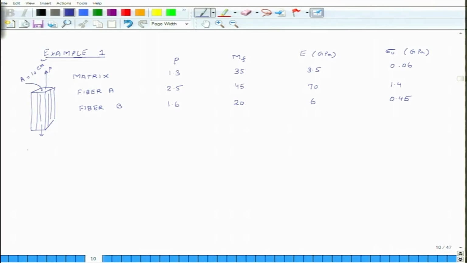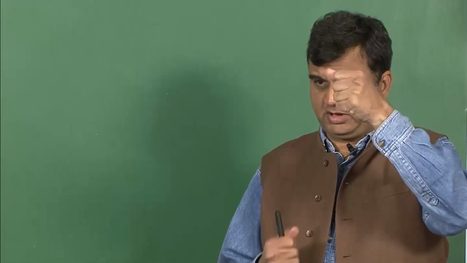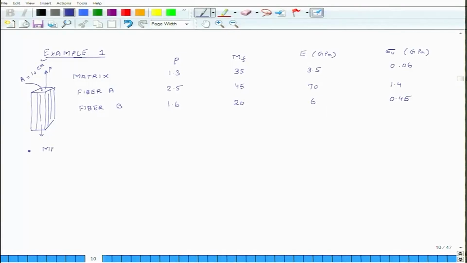So, the first question is, as I keep on pulling it, at some point of time something will break. So, what is the maximum load when nothing breaks? This is the first thing.